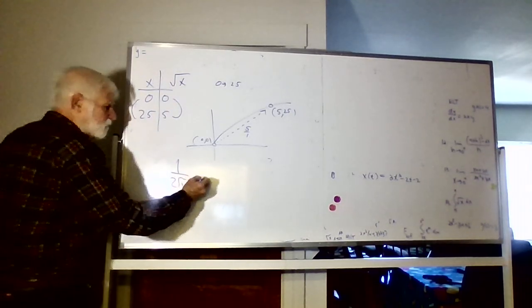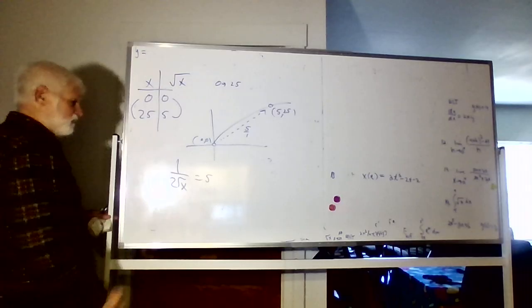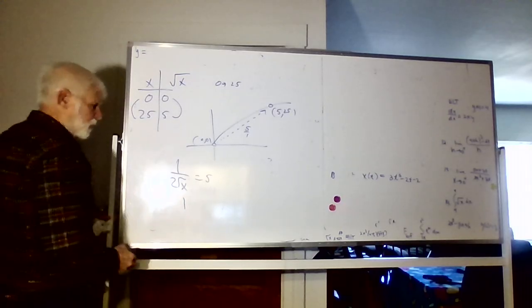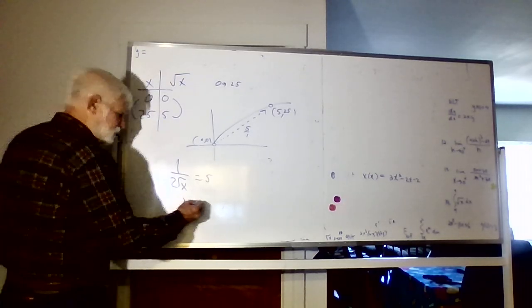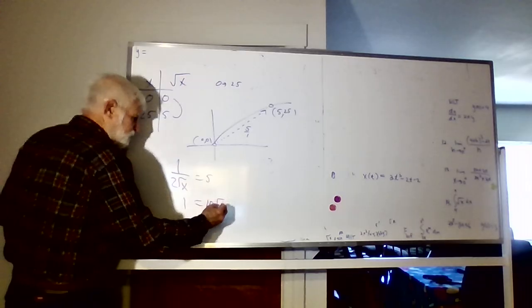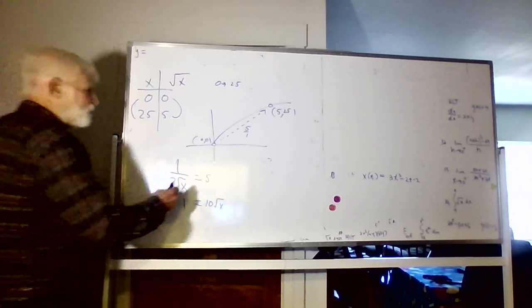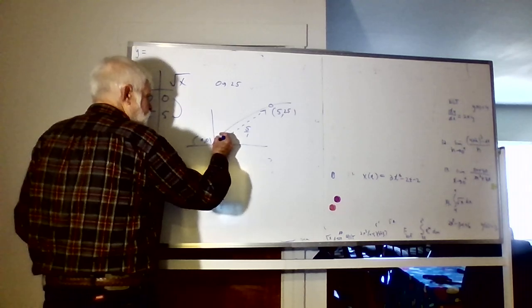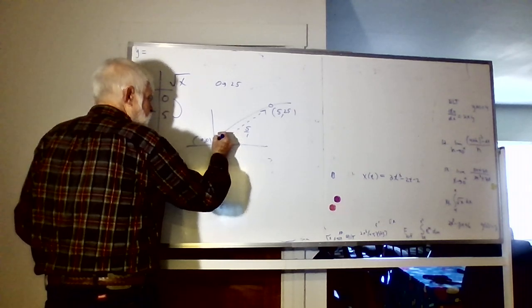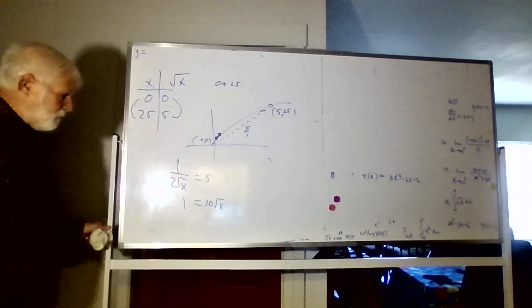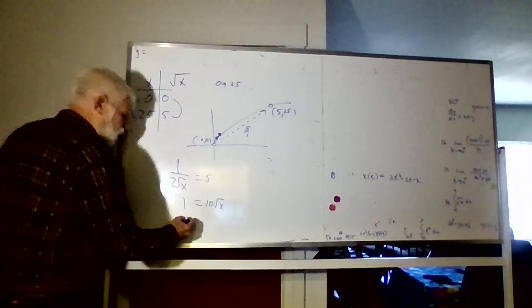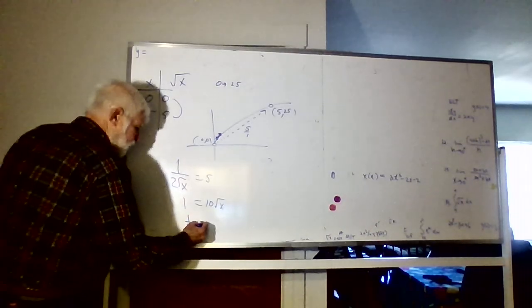And we want that to equal 5. So 1 equals 10 times the square root of x. Wow, we're really going up at 5 to 1 very quickly near zero. So it's the square root of 1/10.